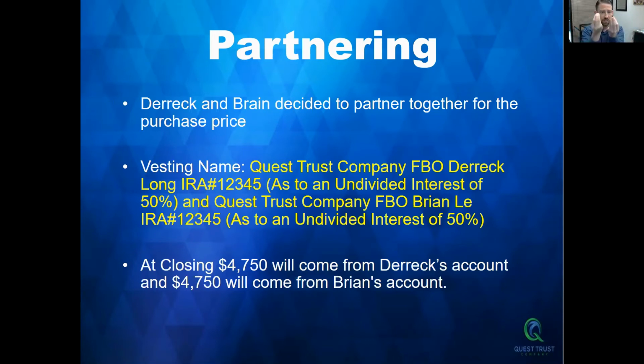He owns 50% of the land. This means at closing, both our accounts put up $4,750. That's not a lot of money to invest, right? That's a small amount of money, but notice in total, we were able to partner together and bring in a larger amount. Now, I like to talk about the partnering aspect for a minute, strictly because in this specific case, it was two people with a small amount of money.